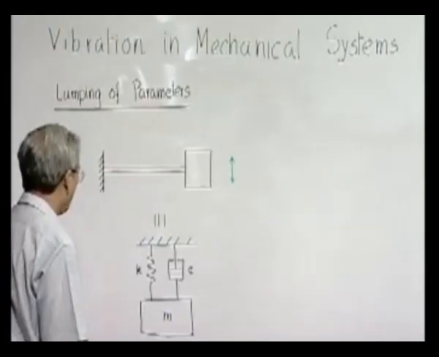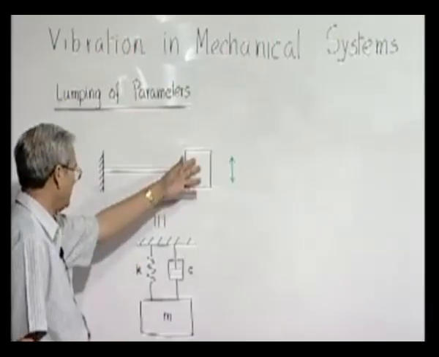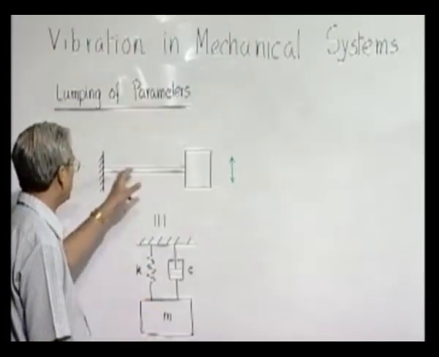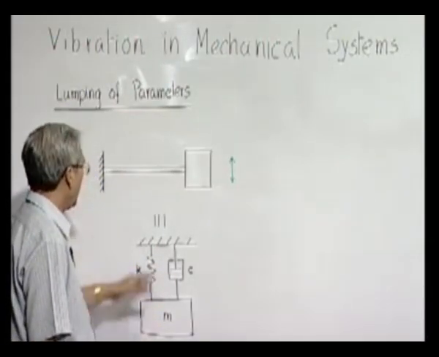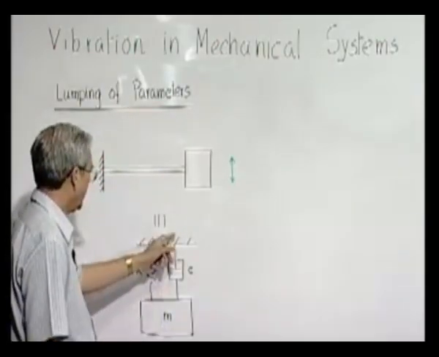So here we have lumped the parameters. We have lumped the mass as m, lumped the stiffness of this as spring k, and the dissipation by a dashpot.